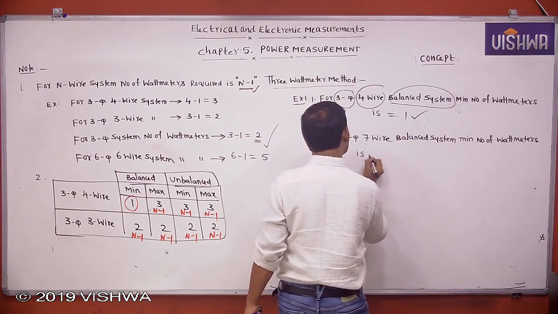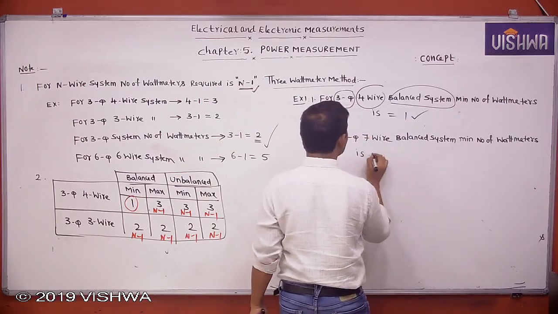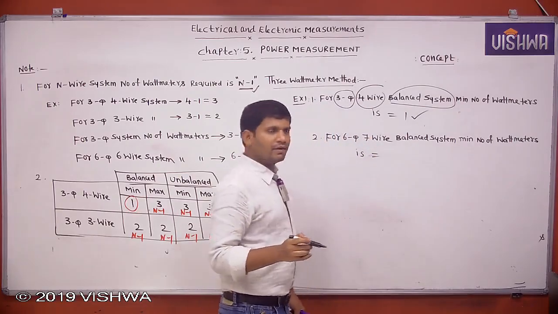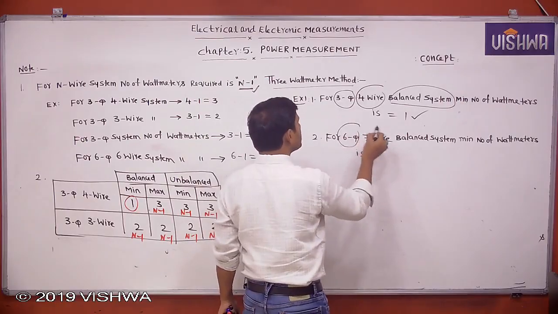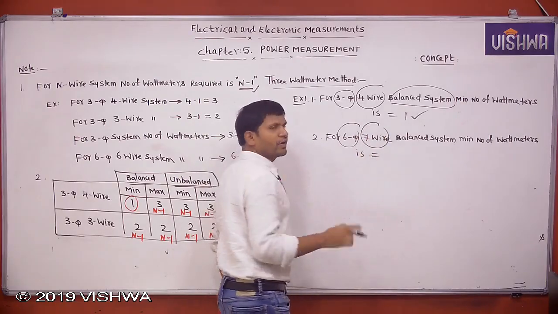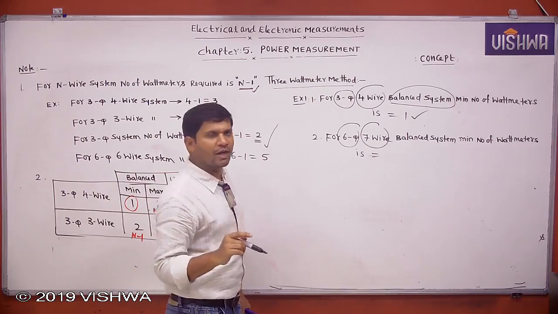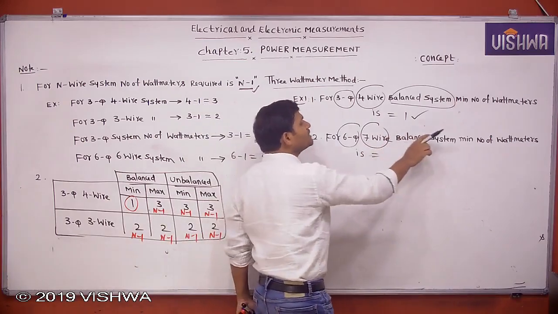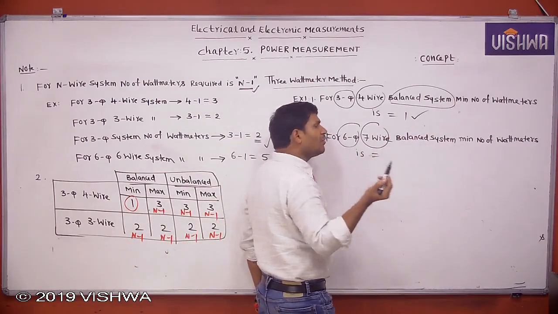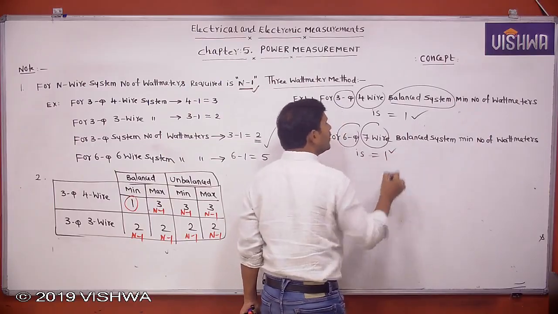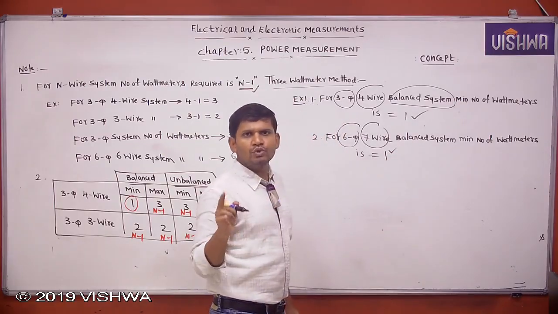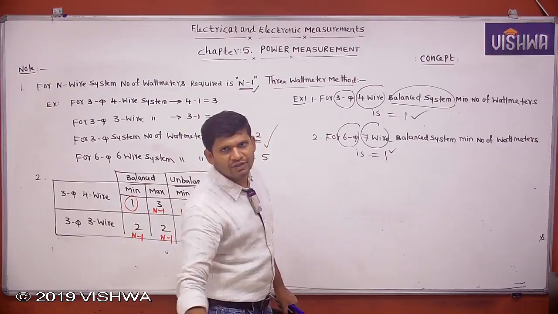If it is asked like this, then what is your answer? What is given? 6 phase, 7 wire, extra 1 wire, neutral is available. Neutral is available, balanced system. Then minimum number of wattmeters is equal to 1. You measure single phase power, multiply by 6, then you can get the 6 phase power.